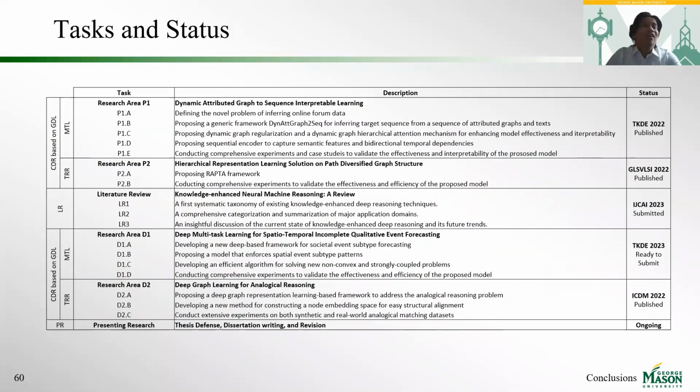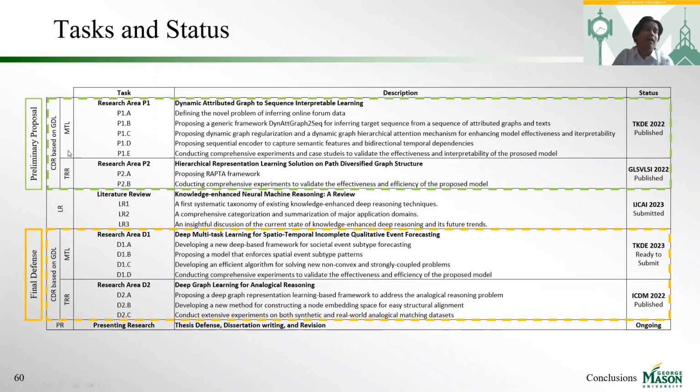So here is the ultimate task and status. These two tasks, cross-domain reasoning based on graph deep learning, are presented in our preliminary proposal. These two works I presented today, and I also did the literature review.